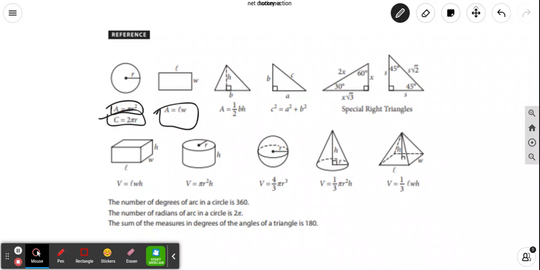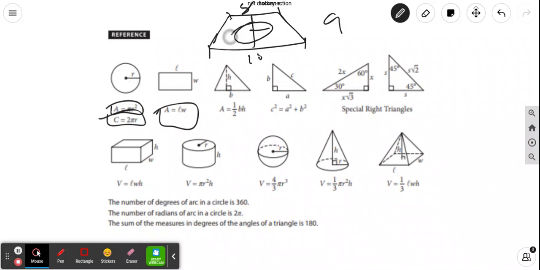So a trapezoid is like this. If this height is constant, you want to add these two lengths and find the average of them. So this is 10, this is 8. You do 18 divided by 2 to find the average, which is 9. And then you multiply by whatever this value is. If it's 5, you do 9 times 5.